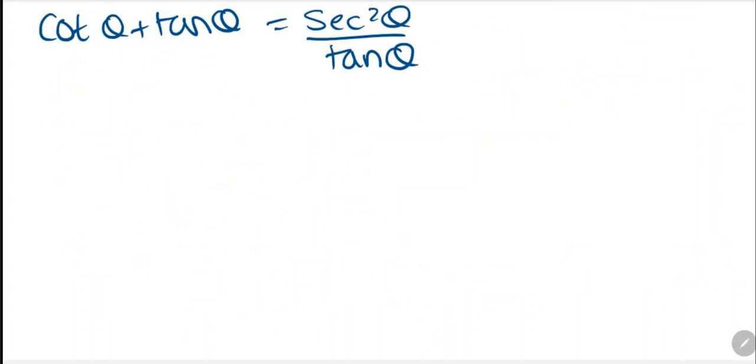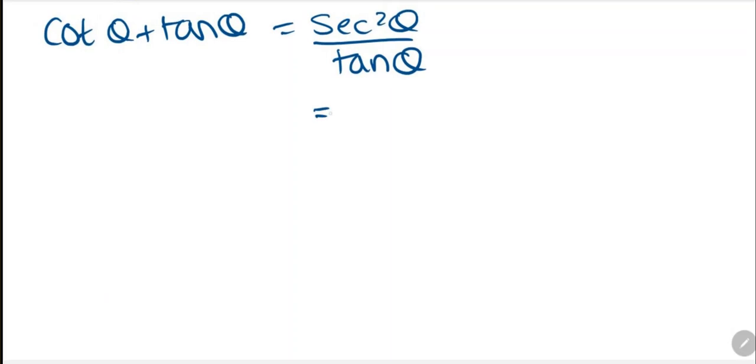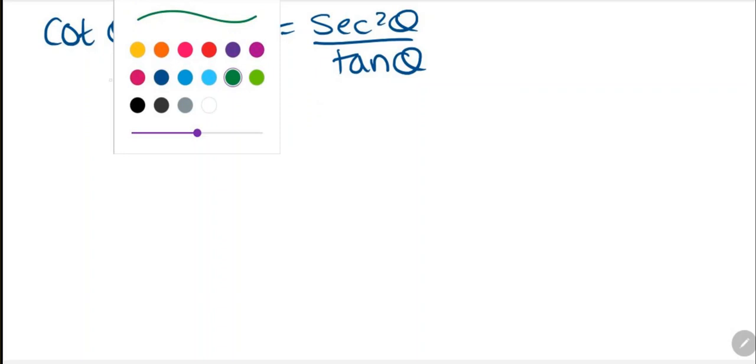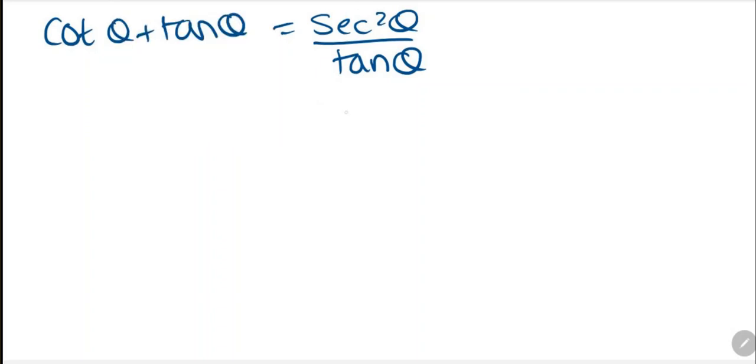Okay, so another question here. We have cotangent theta plus tan theta is equal to secant squared theta over tan theta. So we need to look at both sides. So the first thing I'm going to do is look at the right-hand side. And we have sec. So I'm going to rewrite sec. So sec is actually 1 over cosine squared.